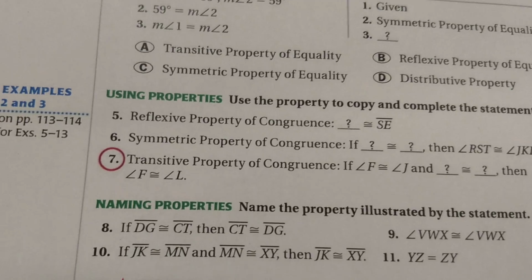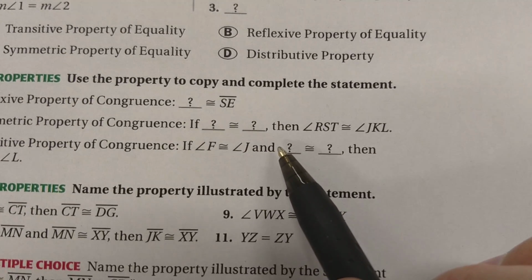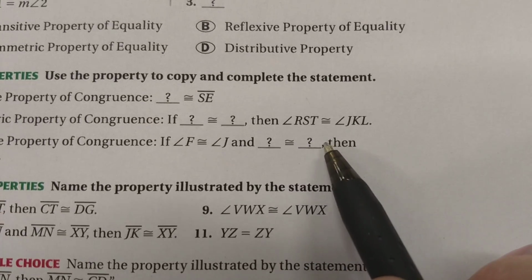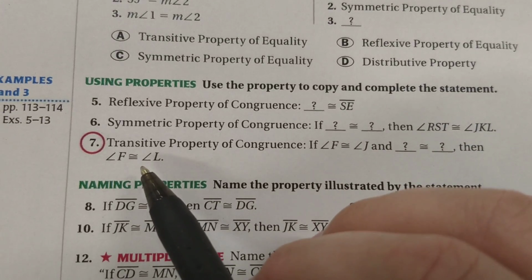Okay, so to finish this sentence here, if F is congruent to angle J, then I've got to say that angle J and angle L have to be congruent with one another. If those two things are true, then I know that will be true at the end as well.